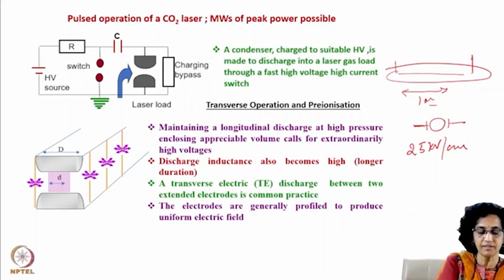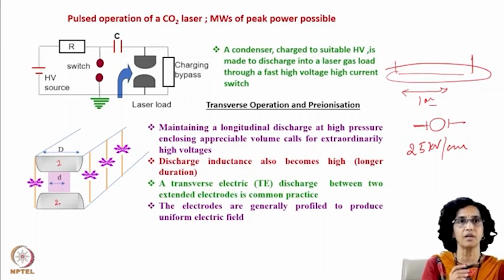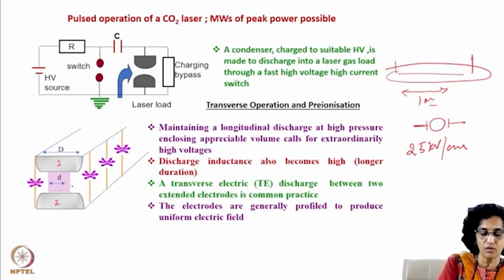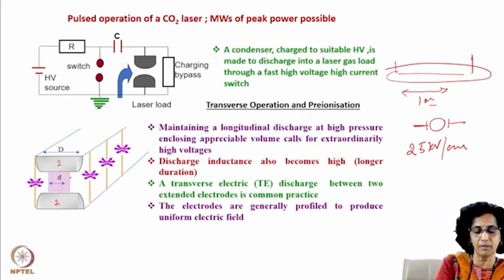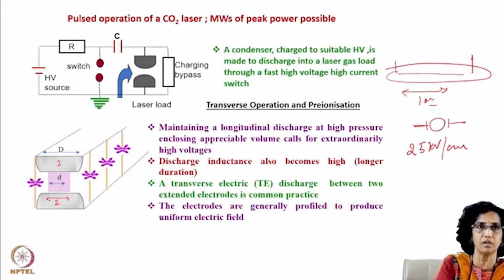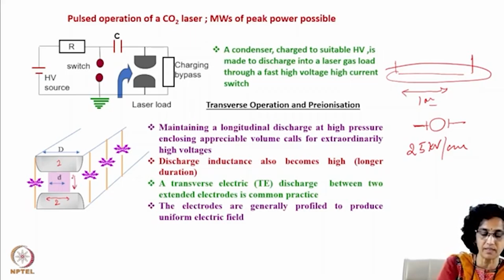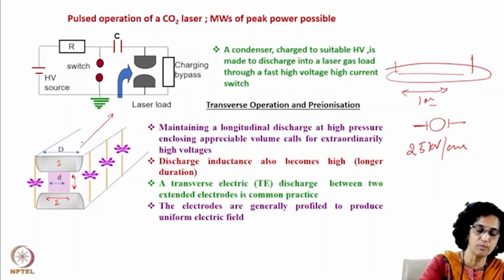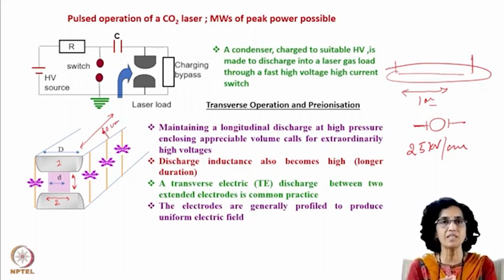So I show here the electrodes. This is one electrode, the upper electrode, and this is the lower electrode. The upper and lower electrodes are facing each other. This distance could be about 8-9 mm or at most 1 centimeter. This width is also about that much, 0.8 to 1 centimeter. And this is extending. This length could be about 40 centimeters or more, depending on what kind of output we want from this laser.